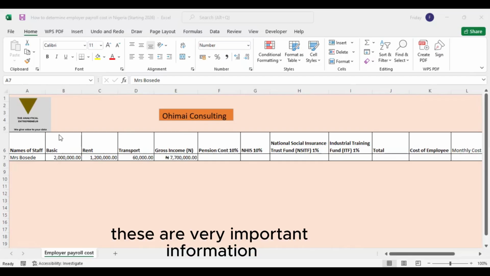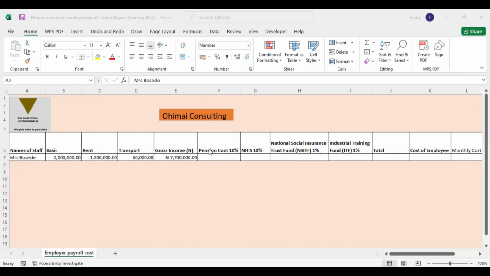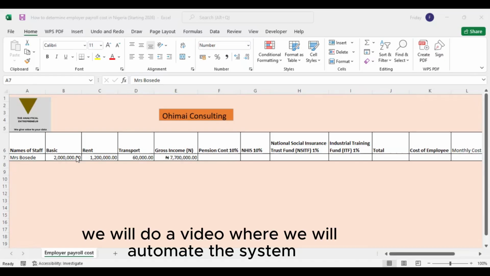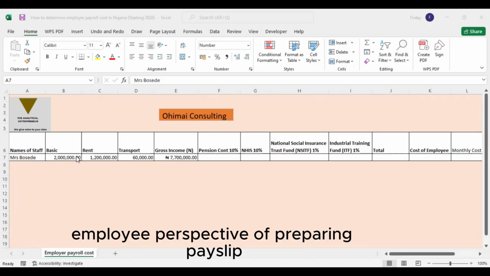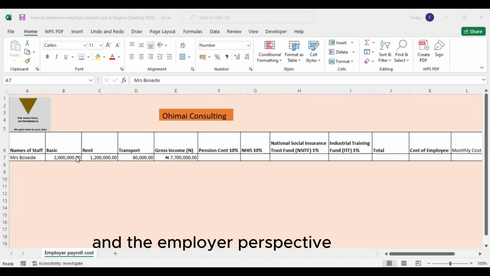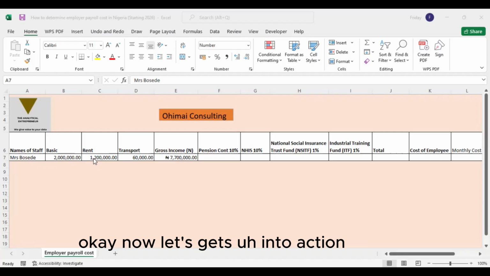These are very important information we need for the computation of the employee costs, so that when we do a video where we automate the system, we automate it using the employee perspective of preparing payslips and the employer perspective, so that you have it in one file. Now let's get into action.